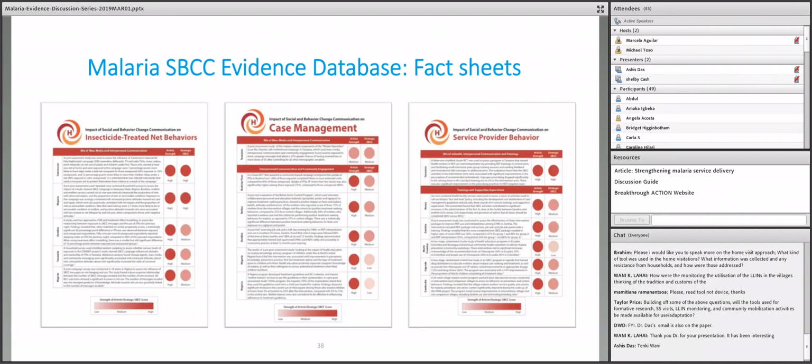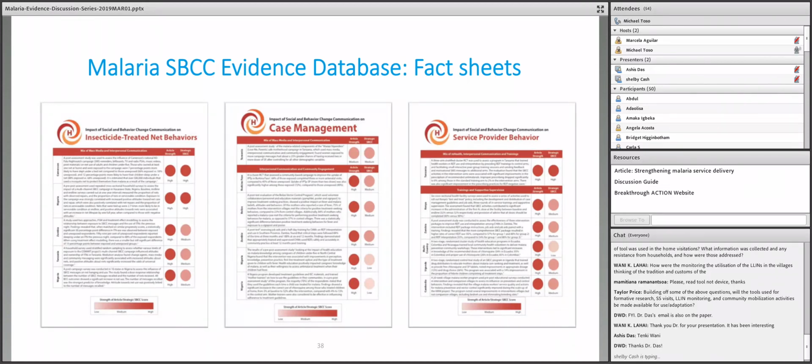In addition to the infographics, we also have a number of fact sheets that are based on this database that synthesize the key findings from over 3,600 peer-reviewed articles, 1,700 gray literature reports. The fact sheets are presented in 3 malaria technical areas: net use, case management, and service providers.